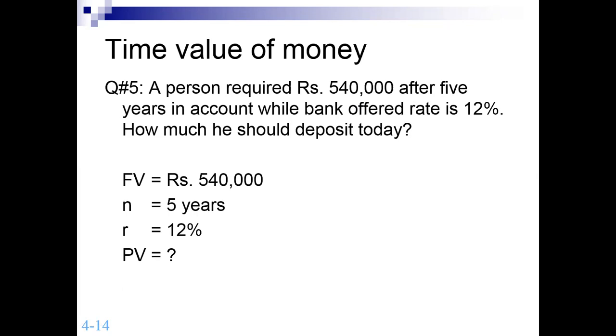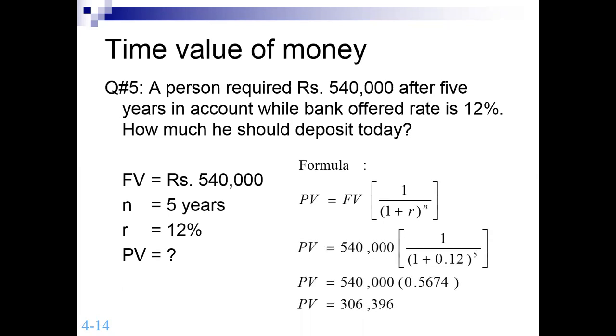Future value is given, number of years are 5, R is 12%, and we are interested to find out present value. Again, you can try yourself, put the formula, and once you are comfortable that you know the future value, you know the rate of interest, you can get the answer which is appearing 306,000.